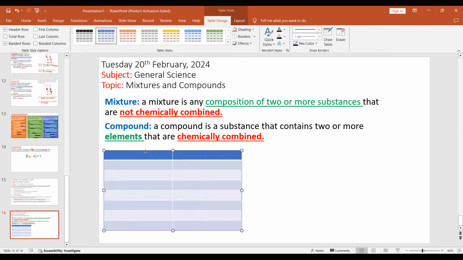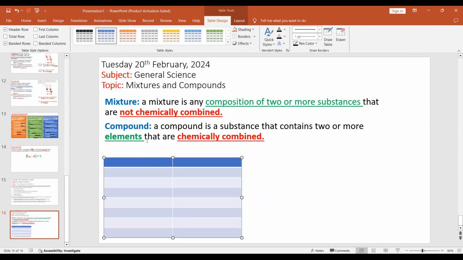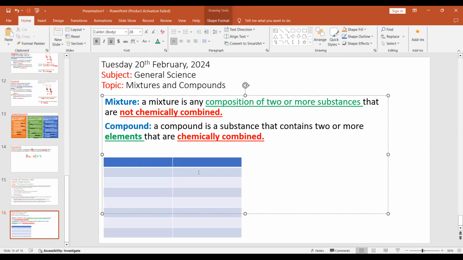All right, so this is going to be a table of the mixtures. Mixtures in everyday life.